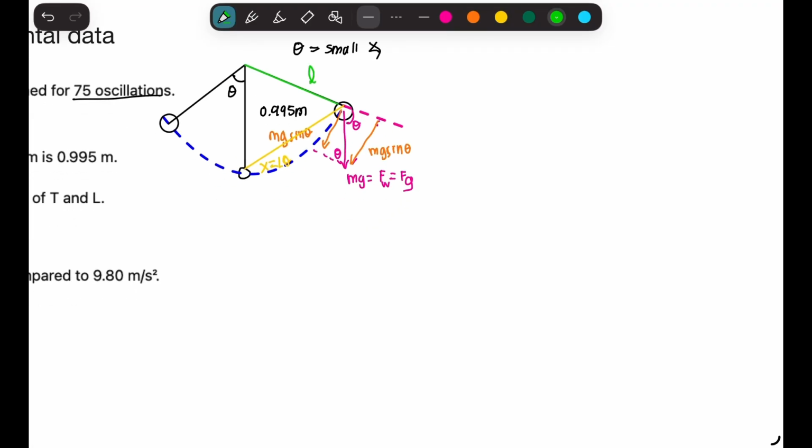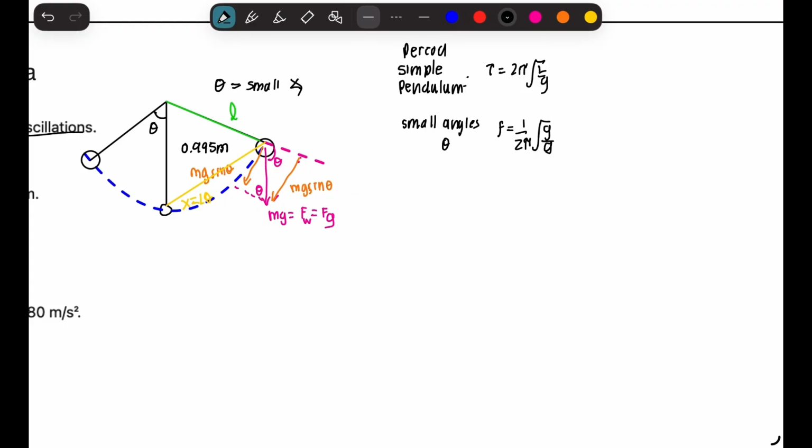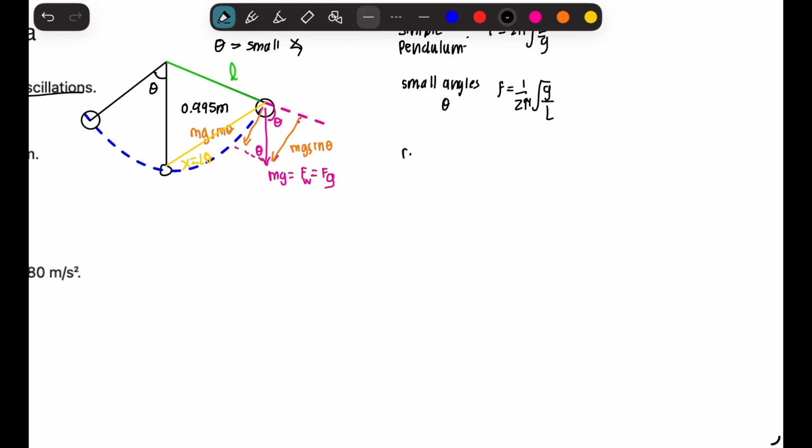So we have that the period of a simple pendulum can be written as T is equal to 2 pi root of L over G. And for small angles theta, you're going to have f is equal to 1 over 2 pi times the root of G over L. So here in our pendulum, our restoring force that we just drew out for our free body diagram gives a torque of negative mgL sine theta.